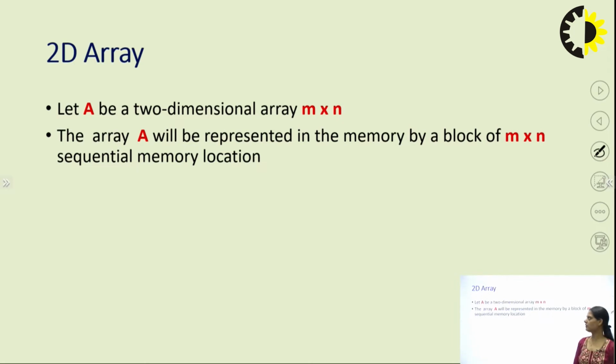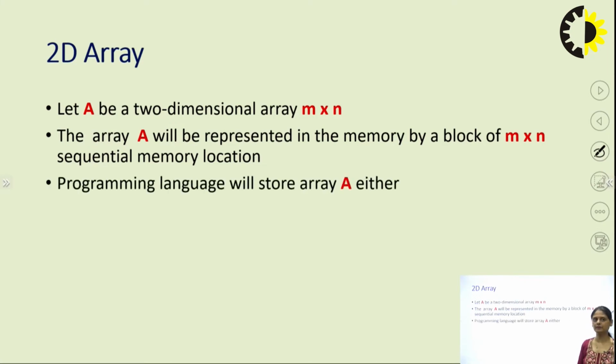Let A be represented in memory by a block of m cross n sequential memory locations. As we know, an array consists of a contiguous block of memory, and the total memory required for storing a 2D array is m cross n only. So the total number of elements is m cross n, and we require m cross n memory locations to store the complete 2D array.